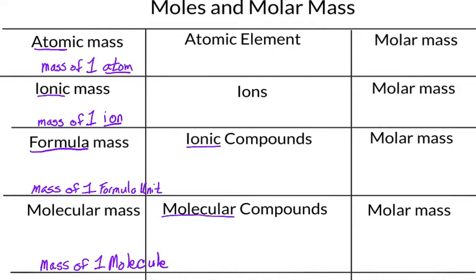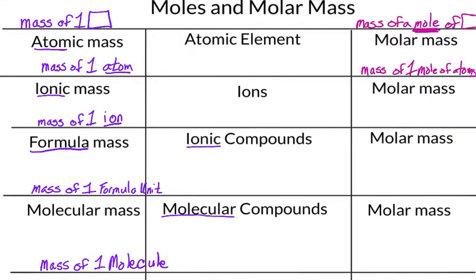That all shifts when we talk about molar mass. So molar mass is how much 1 mole of whatever substance you're talking about weighs. So if I'm talking about an atomic element, we're going to talk about a mole of atoms. How much does it weigh? And that's called the molar mass. If I look at a mole of ions, it's still called molar mass.